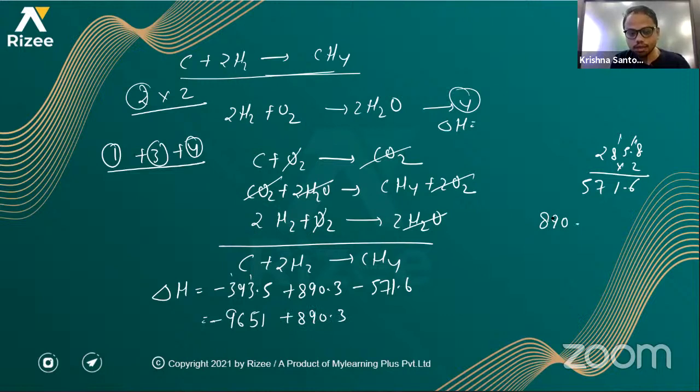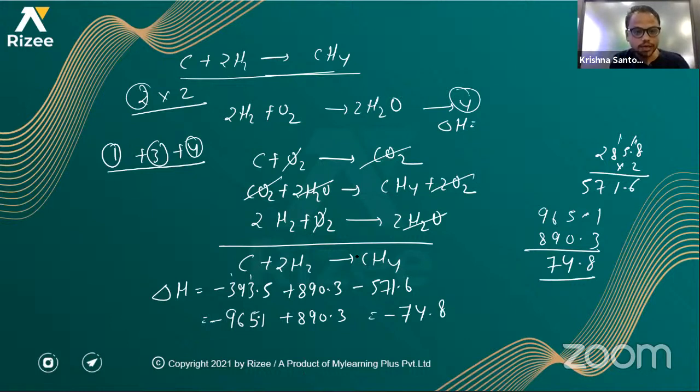So 965.1 minus 890.3. So I will get the answer as minus 74.8, minus 74.8 kilojoules per mole. So that is our answer.